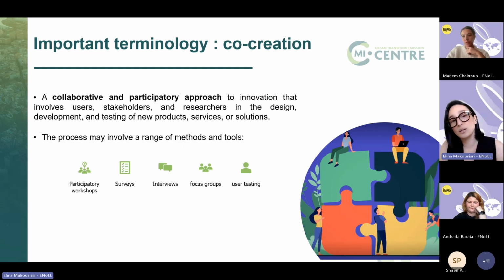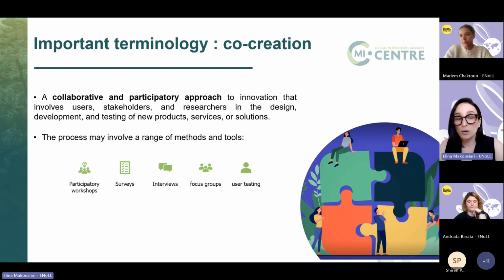Then when we talk about engaging with stakeholders, we talk about co-creation as well. So we talk about a collaborative and participatory approach in creating any kind of innovation that involves the users, the stakeholders, and the researchers throughout the whole life cycle of the project. And of course, the project or any specific activity you do is problem driven, meaning that in each activity you might expect a different result, and different tools or methods might be needed to get the results that you want.